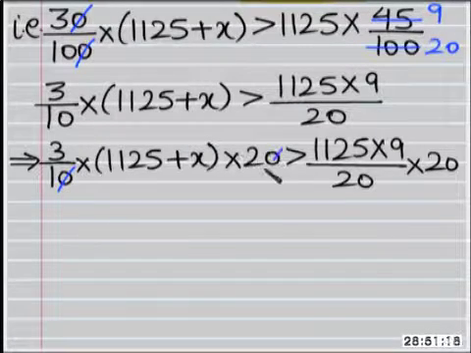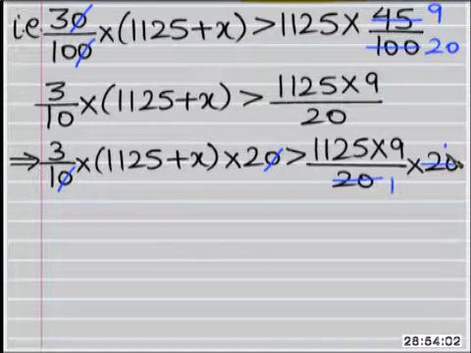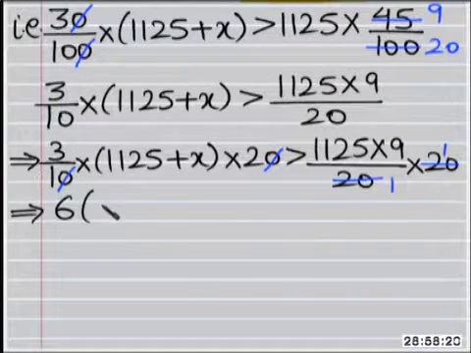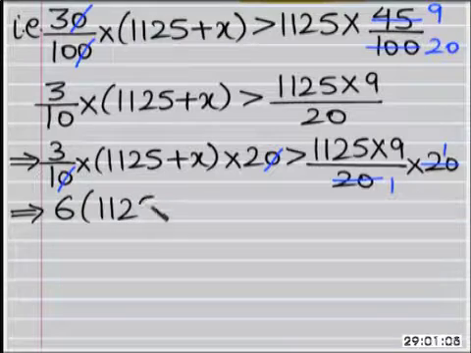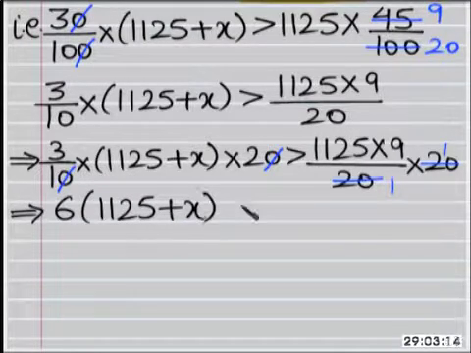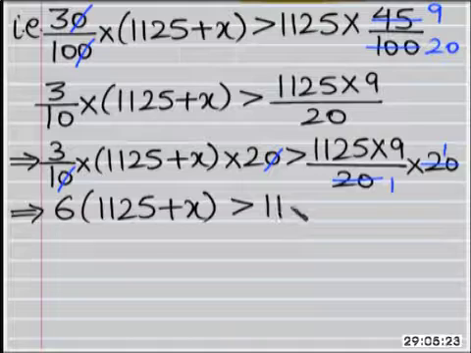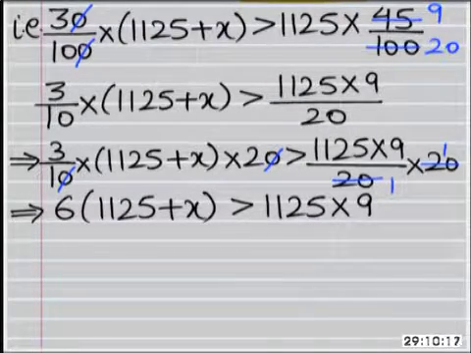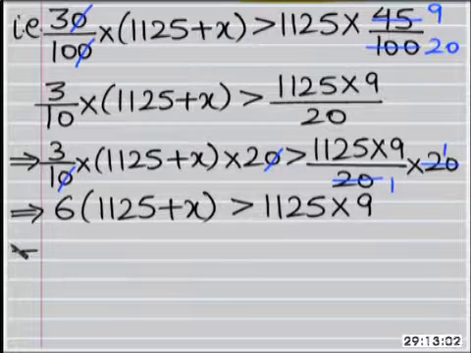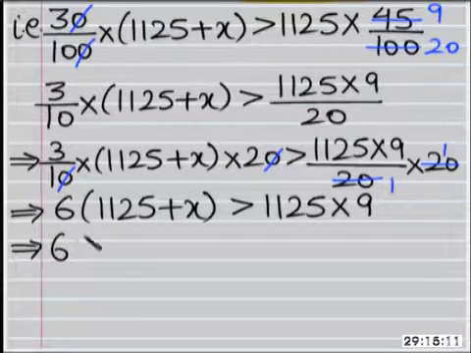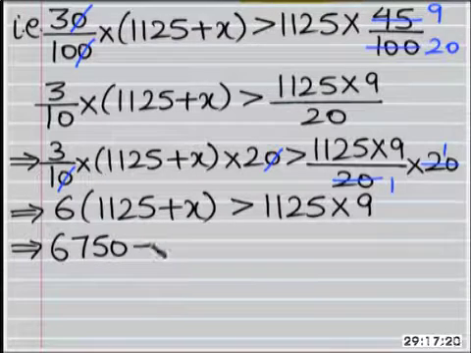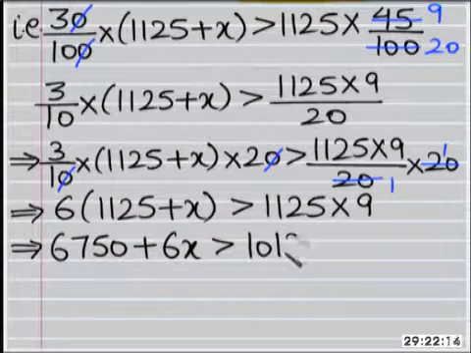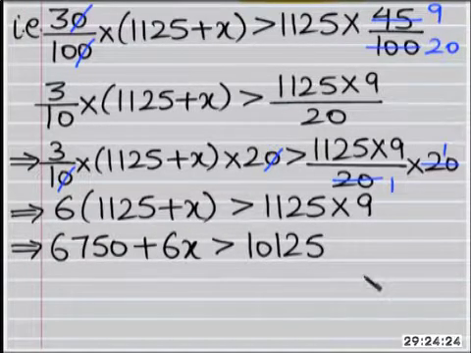On solving it, we get 6 whole multiplied by 1125 plus x is greater than 1125 into 9, which implies 6750 plus 6 into x is greater than 10,125.